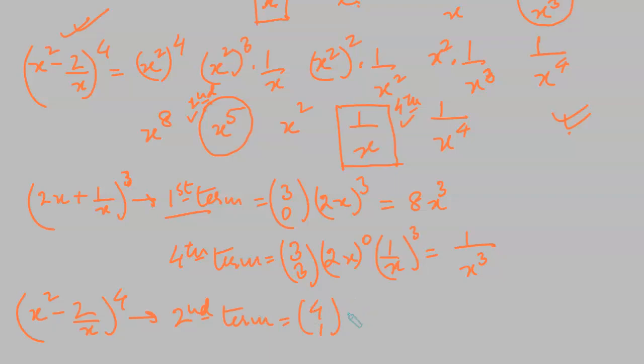And (x squared) raised to the power of 4 minus 1, that is 3, and (negative 2 over x) raised to the power of 1. And 4C1 is 4, times negative 2 is equal to negative 8. And (x squared) whole raised to the power of 3 is x to the power of 6, divided by x is x to the power of 5.